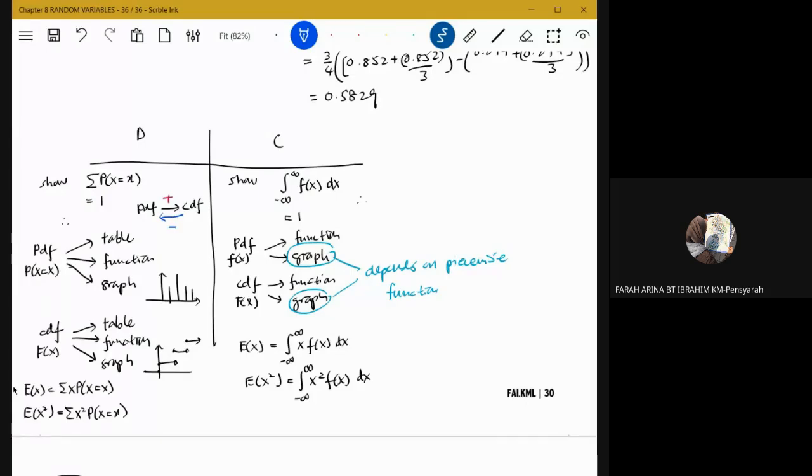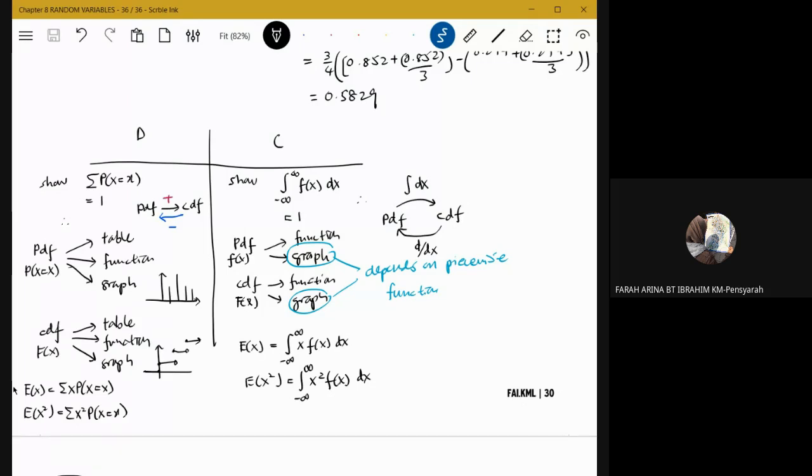Tapi untuk continuous, PDF ke CDF, kita akan integrate. And then kalau patah balik, dia akan jadi differentiate. Okay, so that's the major comparison between discrete dan juga continuous. Properties of variance, properties of expectation will be the same for both, either dia adalah discrete ataupun continuous. Tapi cara untuk dapatkan expectation dan juga variance yang berbeza.